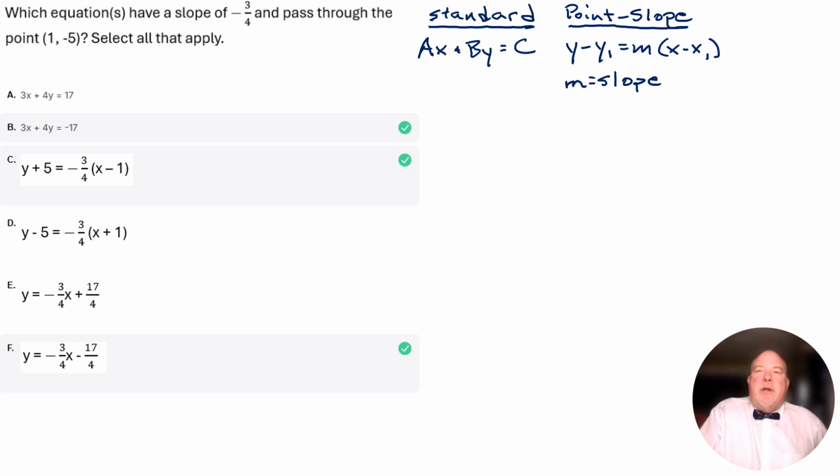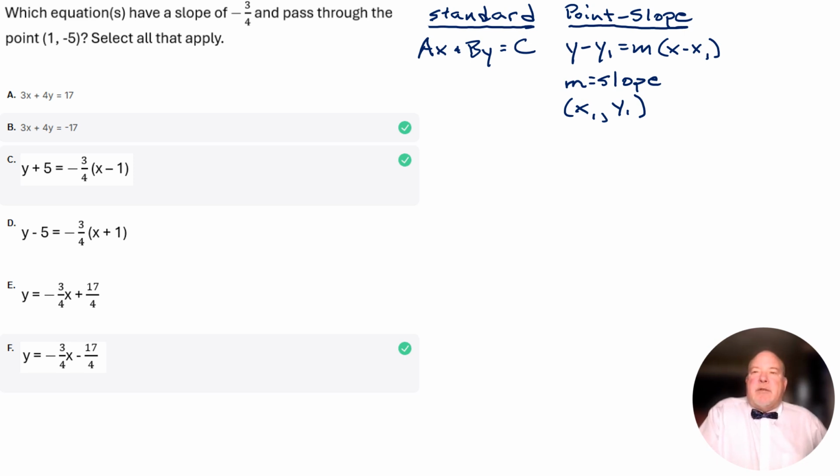And then the x1 and the y1 are a point that the line goes through. You have to be careful with the x1, y1 because of these minus signs. If you see a plus sign, so if this was plus y1, the y1 would be a negative value. It's the opposite because the standard form has a minus. So you've got to be careful with that.